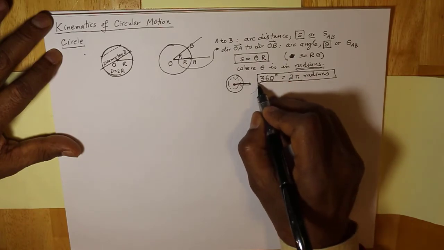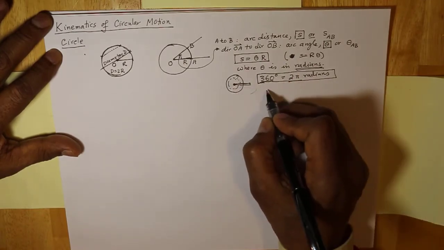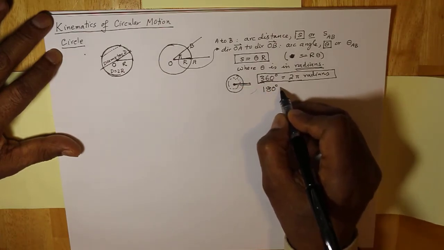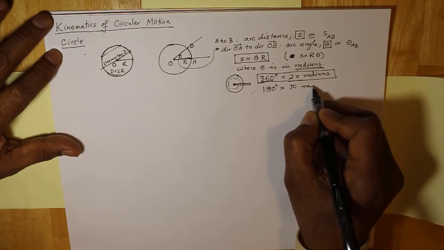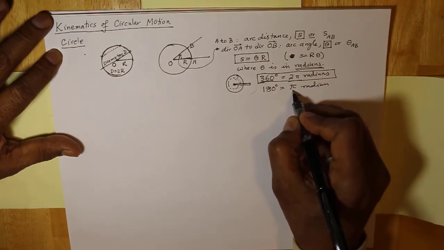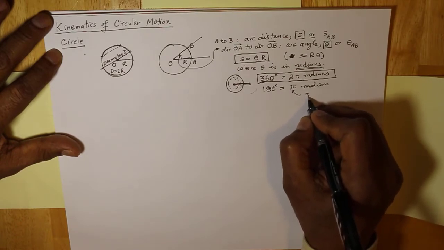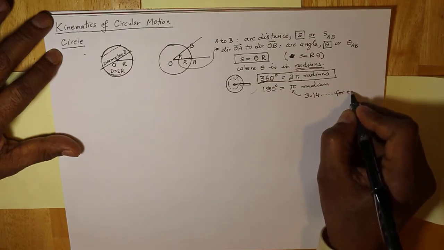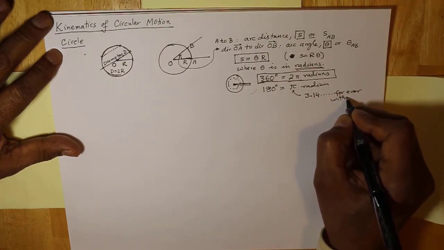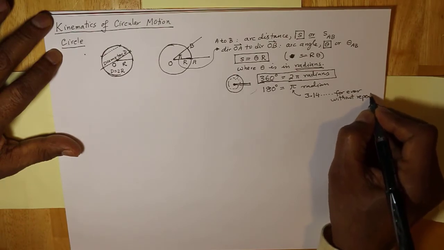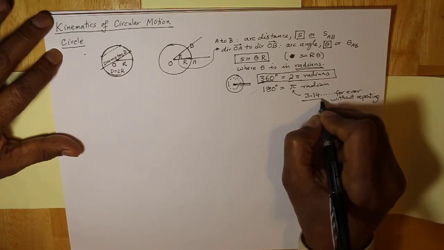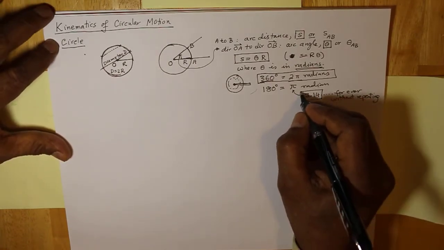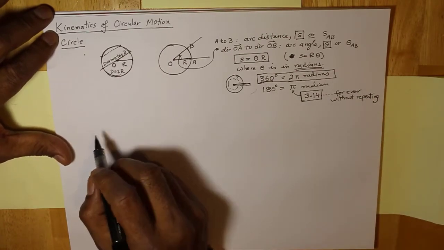Half of the circle will be 180 degrees, and that will be just pi radians. This pi is an irrational number, and some of the digits are 3.14, and then it just goes on forever without repeating. If you remember just 3.14, that will be useful for many problems.